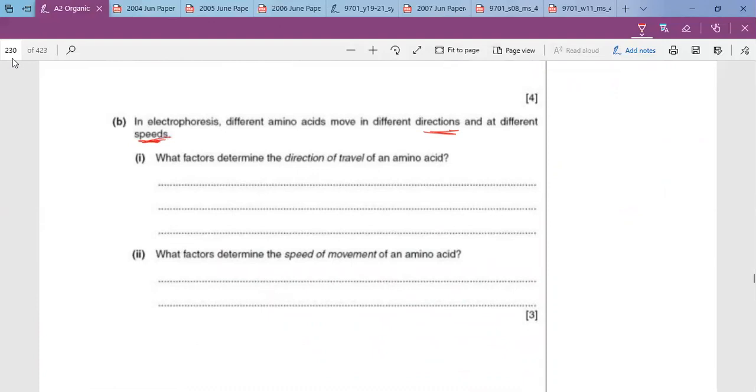The direction in which you move, forward or backward, depends first on the pH of the buffer, and secondly on whether, at this pH, the amino acid is charged positive or negative. It can be charged 0 or whatever.